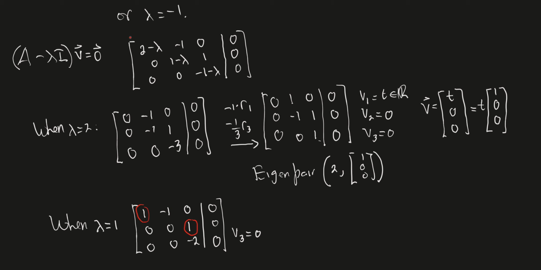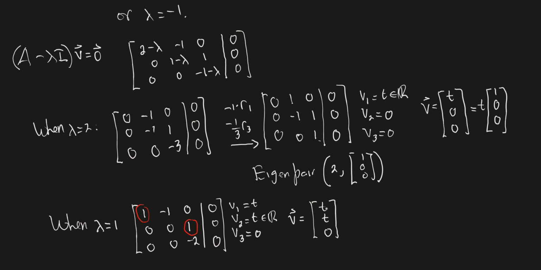That means V2 is now my free variable. So V2 can be any real number. And if V2 is any real number, then V1, when we move that over, is going to be a positive t. So the eigenvector in this case looks like this: any number there, same number there, and then 0 there.